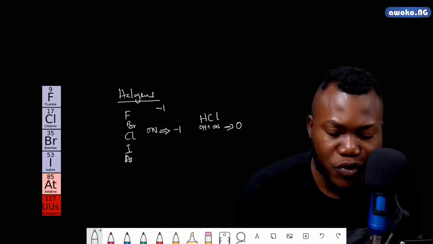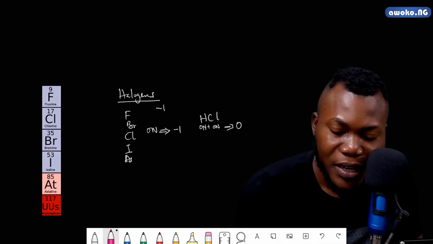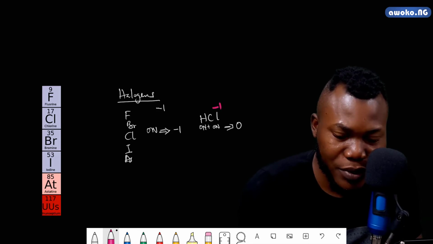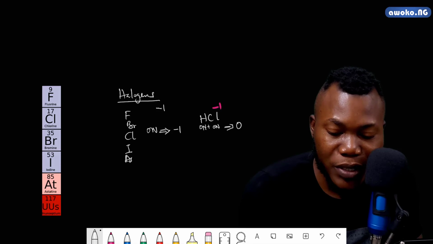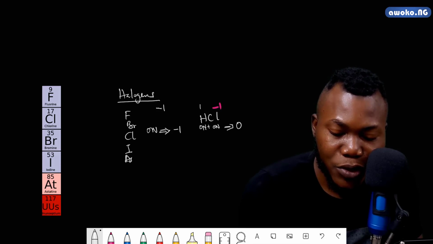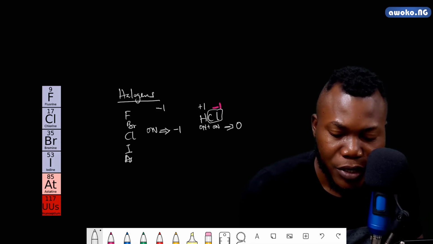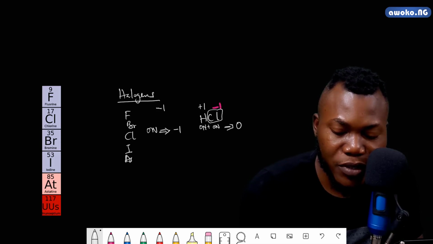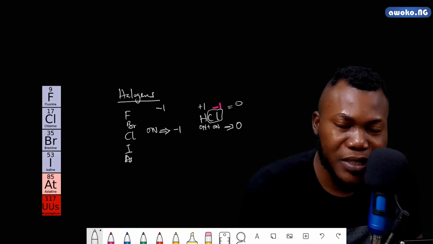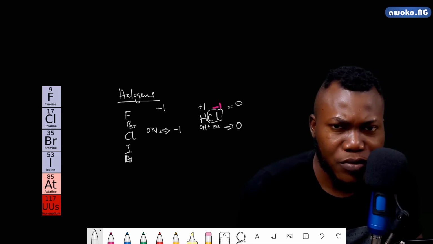Halogens have -1, and hydrogen will have +1 when standing with non-metals, like chlorine in this case. +1 - 1 gives us 0. So this means that the rule is true.